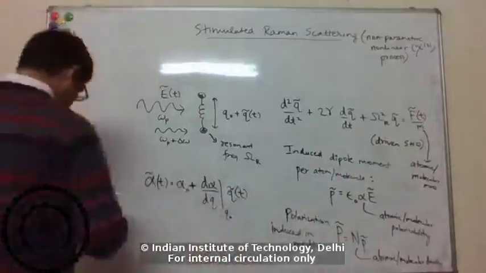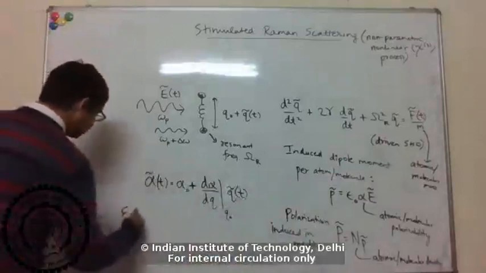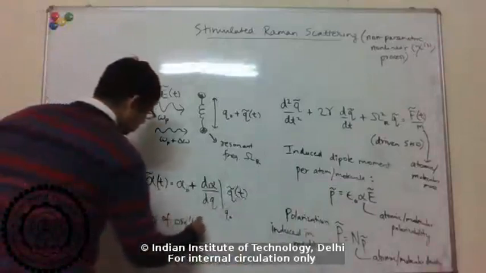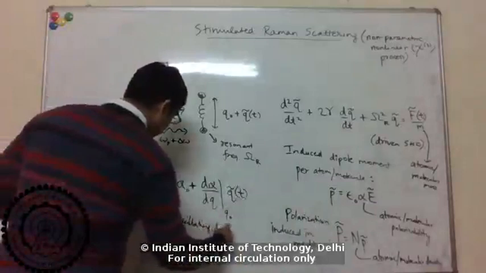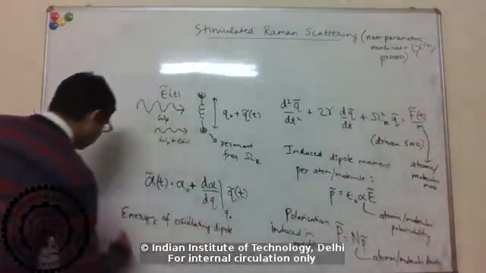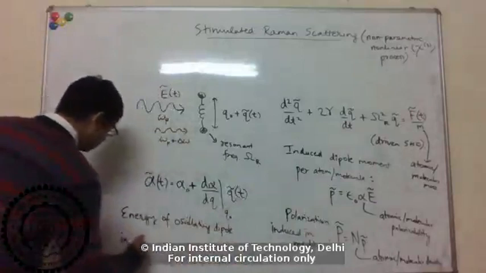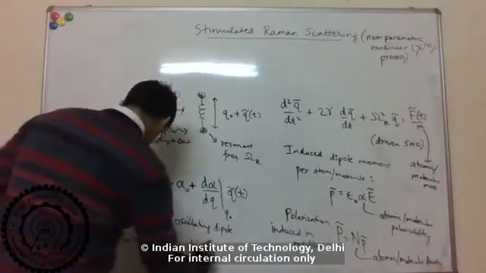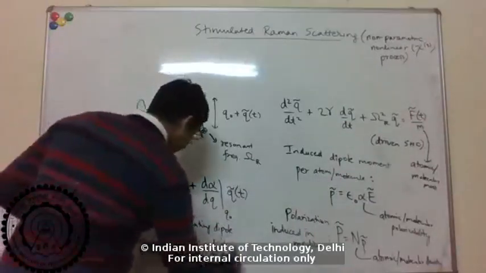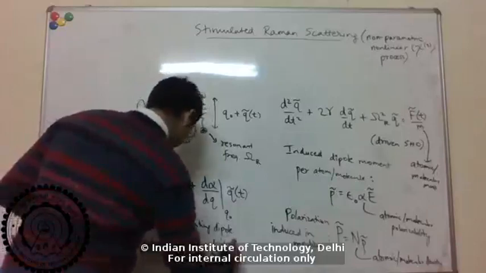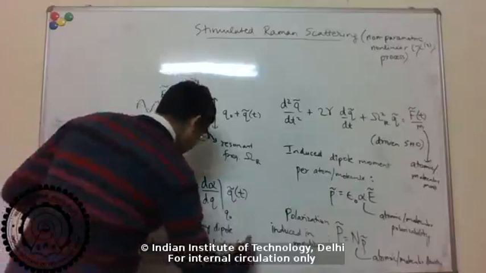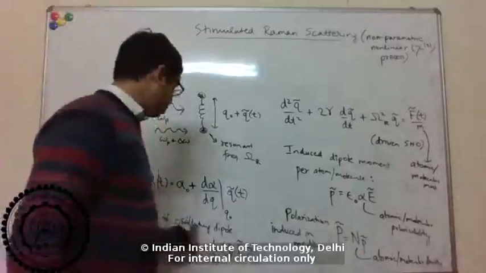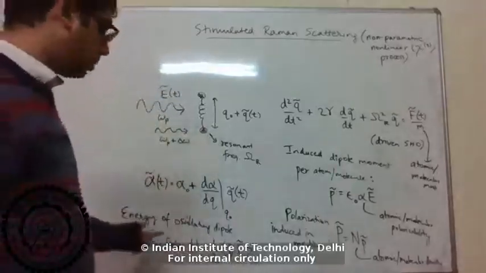So if you recall, the energy of the dipole in an electric field is given by P dot E. So the energy is given by half P dot E, if you recall your basic electromagnetics.